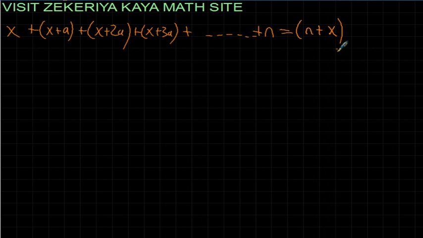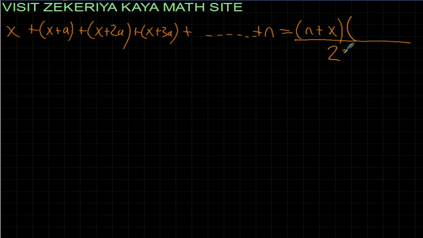So for each of them, the sum will be n plus x. For each column, the result will be n plus x or x plus n. After that, because we make this addition 2 times, we must divide it by 2.